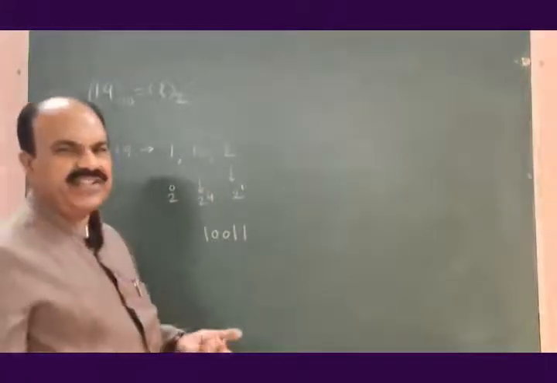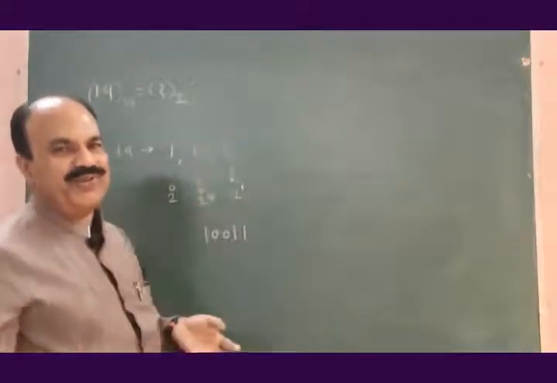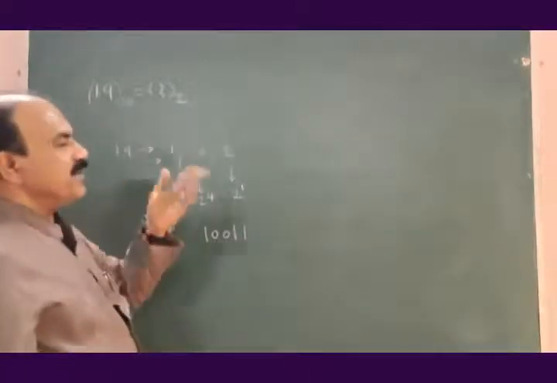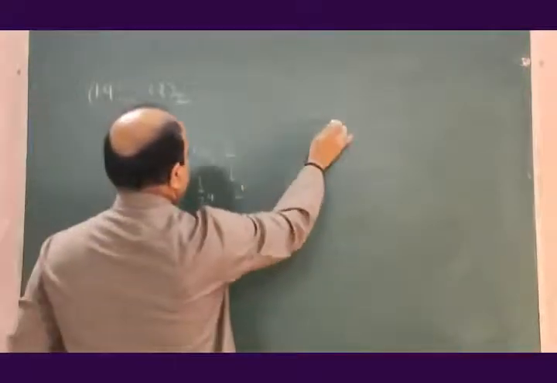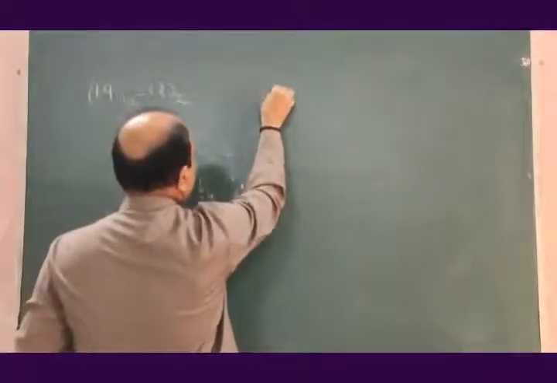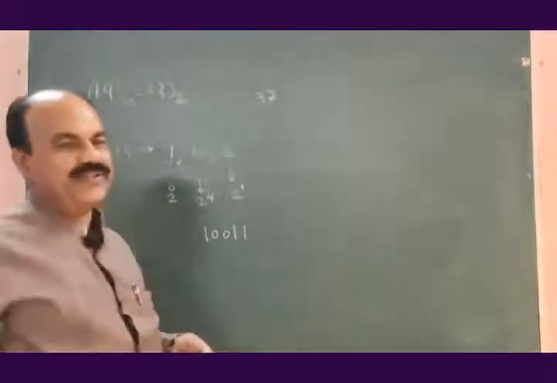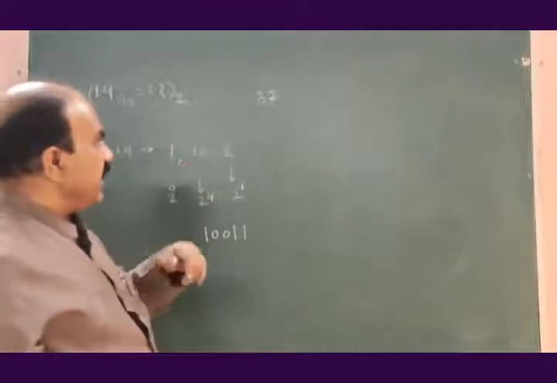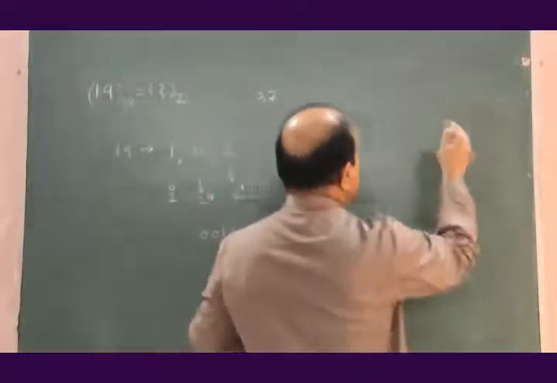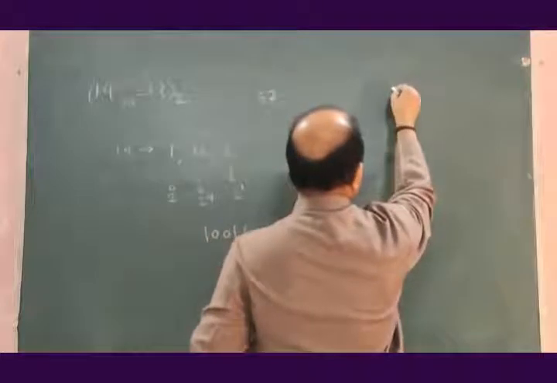Actually, you are not here, otherwise I would have asked you what number you wanted to convert from decimal to binary. Let me go for 37. For ready reference, let me write weights here.